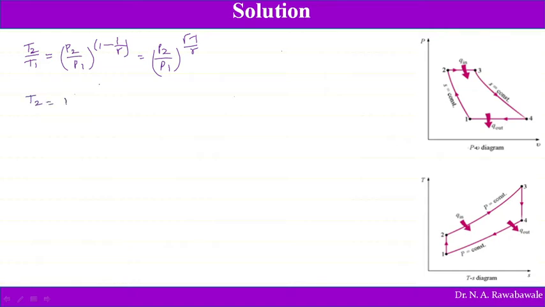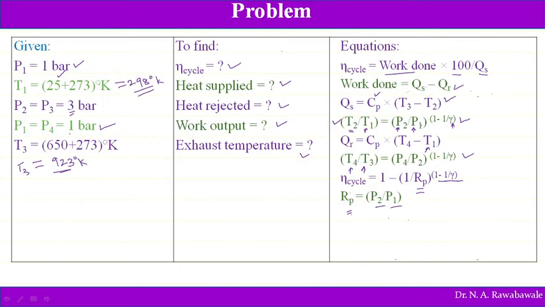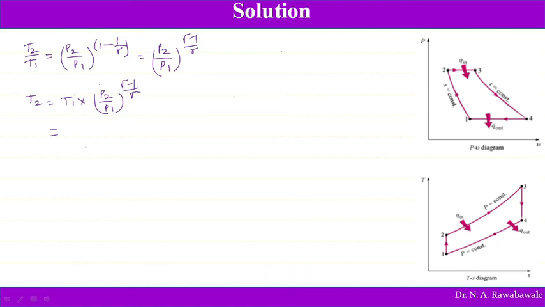Temperature T2 is equal to T1 into P2 divided by P1 to the power of gamma minus 1 divided by gamma. The temperature T1 is known in degree Kelvin, that is 298 degree Kelvin. So 298 into P2 is 3 bar, P1 is 1 bar, to the power of gamma value is 1.4 minus 1 divided by 1.4.